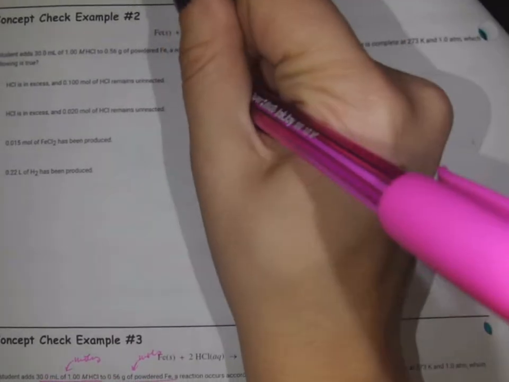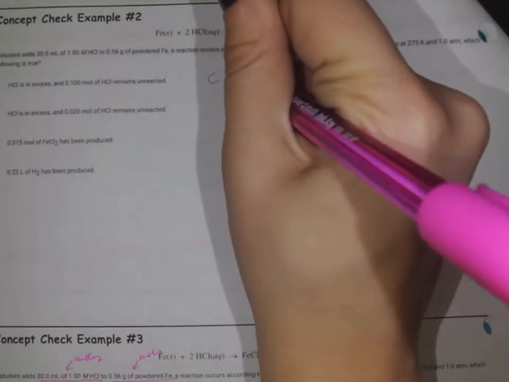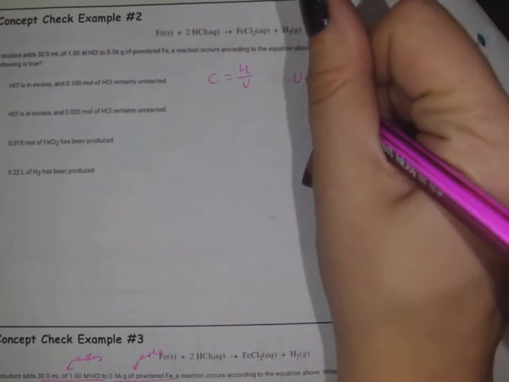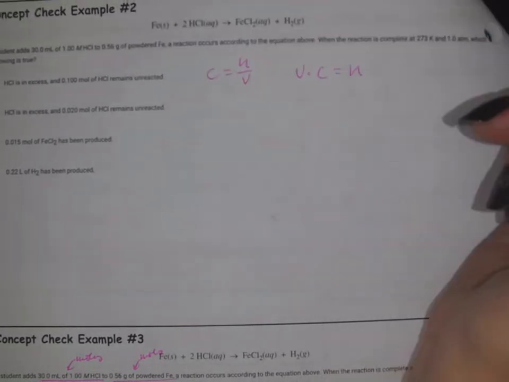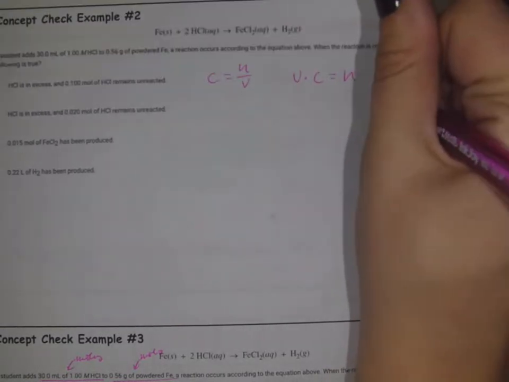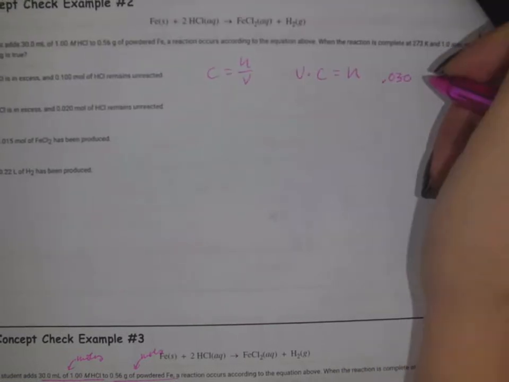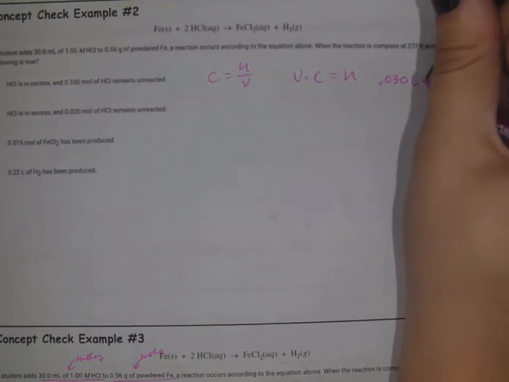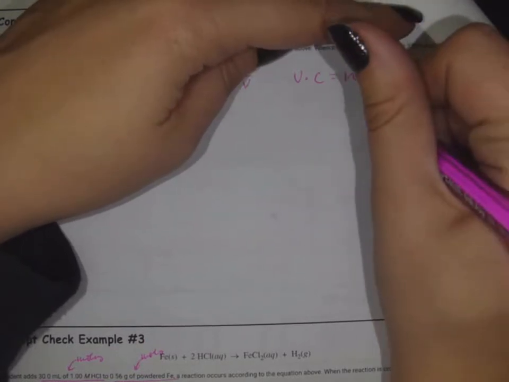So concentration is moles over volume, or volume times concentration equals moles. And it said that the volume was 30 milliliters, so 0.030 liters, times the concentration, which was 1 molarity. And so then that's just going to equal 0.030 moles of the HCl.